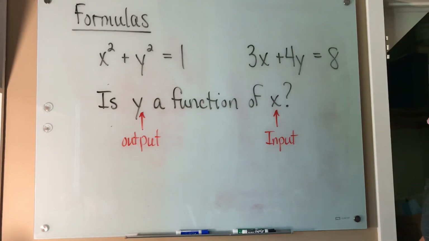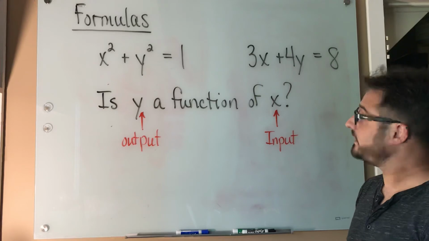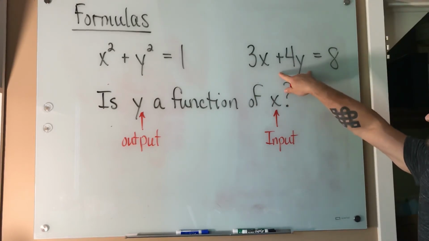If y is a function of x, if a single value of x can be put in and we can produce an output value from that, then we should be able to write the equation as being solved for y. This is a linear equation, something that you would have seen in previous courses and should be fairly familiar with.